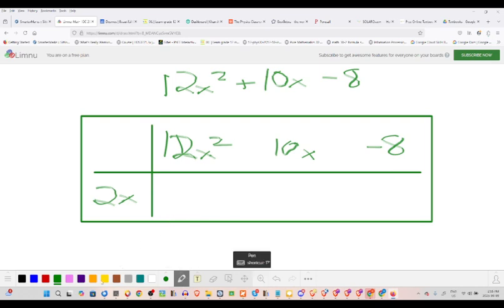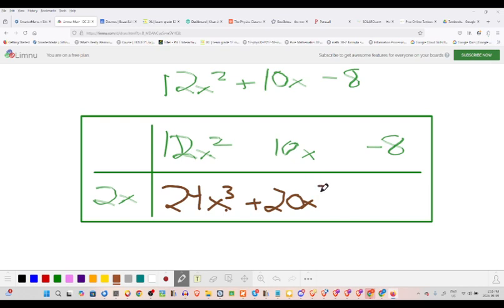I'm going to switch to a different color pen here for the answer. 2x times 12x squared is 24x cubed. 2x times 10 is a 20x squared. And then 2x minus 8, negative 16x.